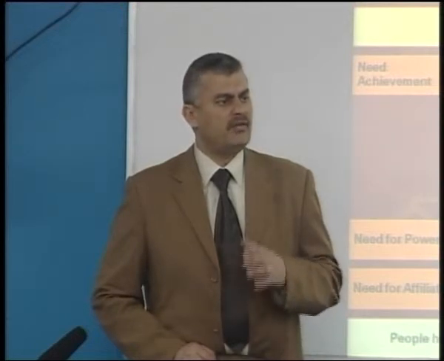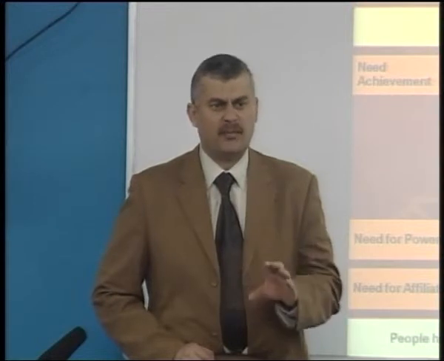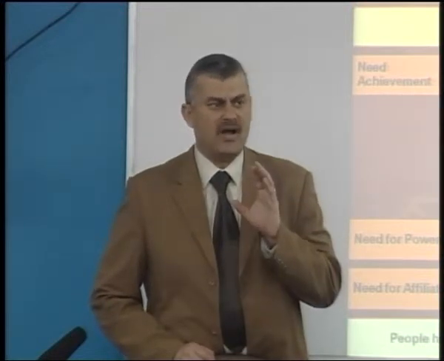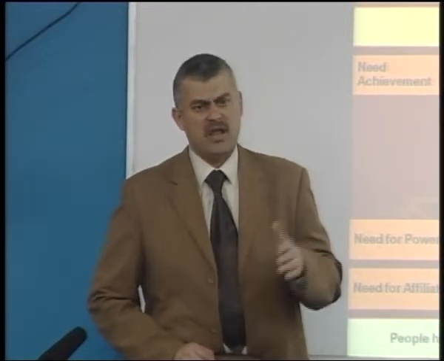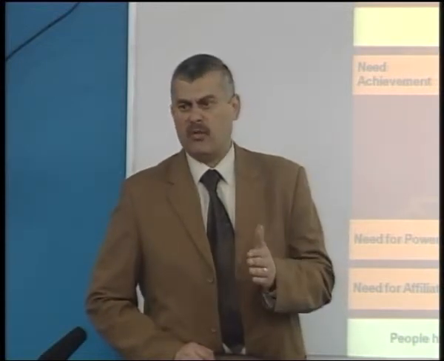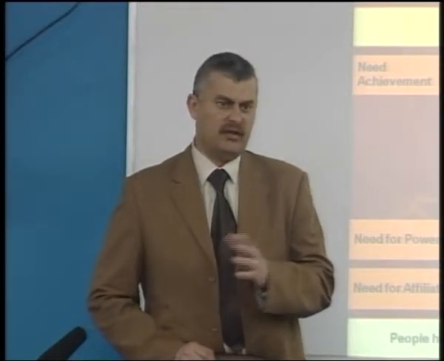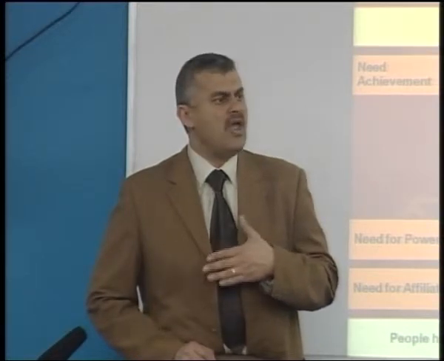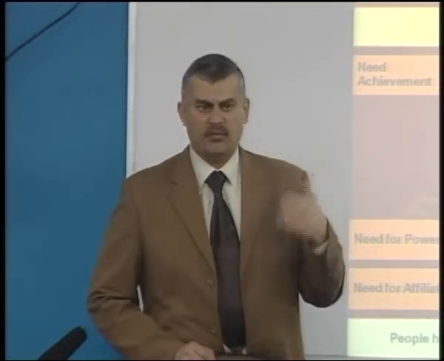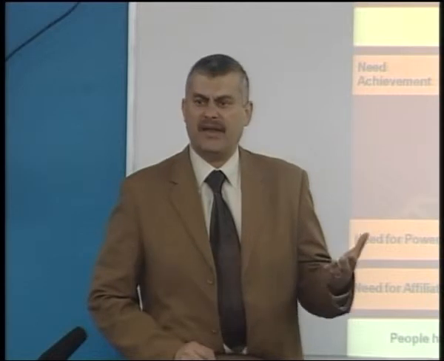When we say that they go after tasks where there is 50-50 chance, the meaning here was that they do not go after very simple tasks, and they do not go after very difficult tasks. Why? Because when you talk about simple tasks, there is no challenge. And when we talk about very difficult tasks, here we are talking about no achievement. This means that there is no satisfaction for the achievement need, because it is something normal, anyone can do.